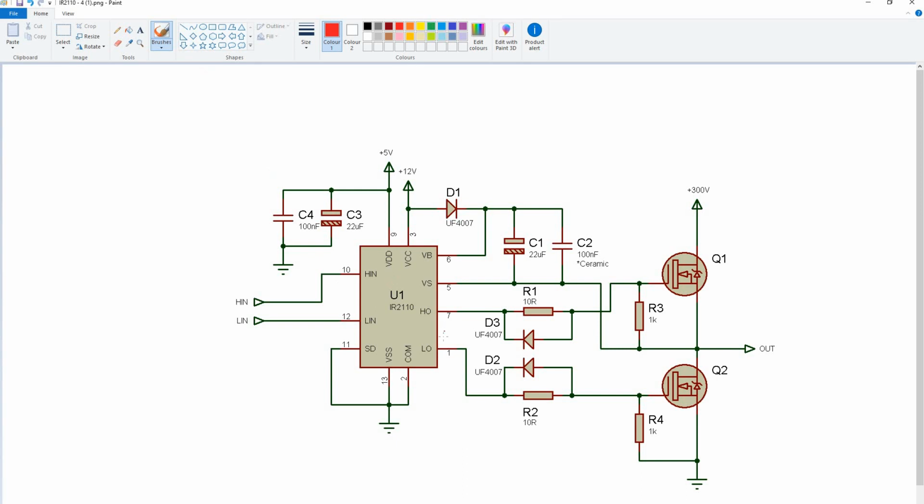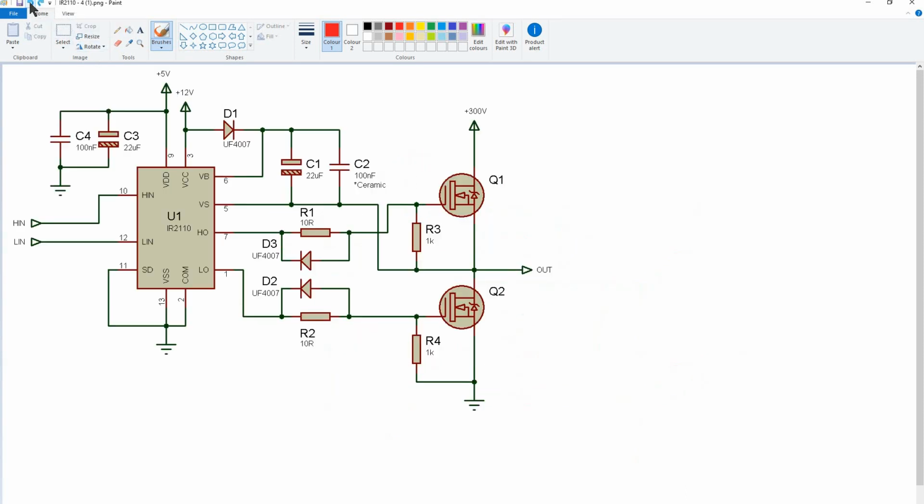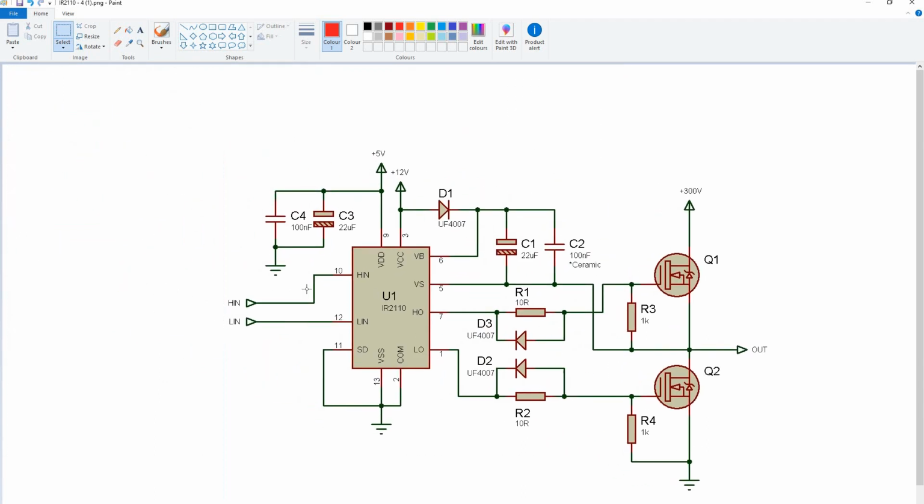So firing the low side is quite easy. It just supplies that gate there with whatever this voltage is, so plus 12 volt in this instance, and that's that thing switched on. Now you could probably just do that with the Arduino, but the high side is a lot more complicated.